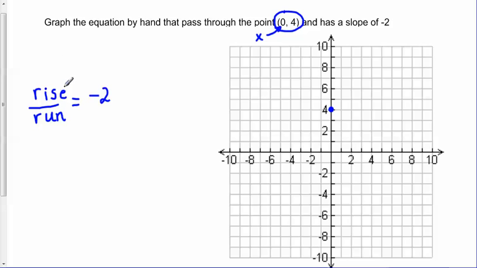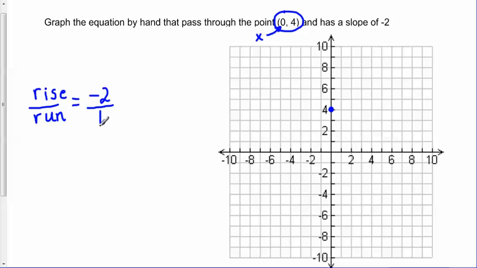How does that work? Remember that anytime we have an integer, a nice tidy number that doesn't look like a fraction or a decimal, we can always just put that number over 1 to turn it into something that looks like a fraction. And so that's going to be really helpful for us here because we want to have a value for both the rise and the run.